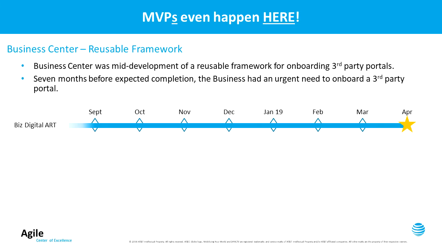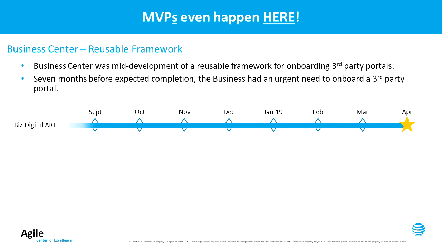So let's wrap up this course with a real AT&T example of how an MVP approach resolved an urgent customer issue. Business Center is building a reusable framework for the onboarding of third-party portals. They were mid-development with the expectation that they would deliver the reusable framework in April of 2019. 7 months before that expected completion, that means September of 2018, the business had an urgent request to onboard a third-party portal.